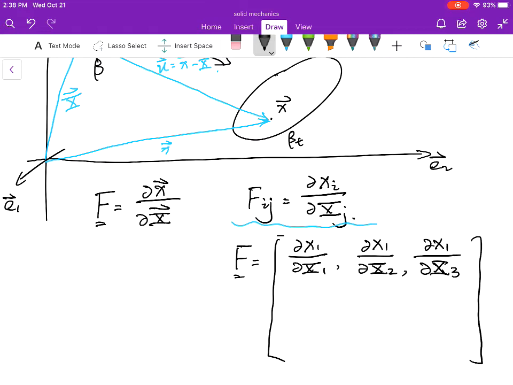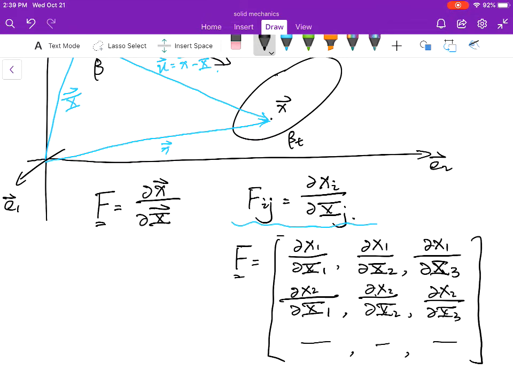Then for i equal to 2 and j equal to 1, and then both of them equal to 2, then 2, 3, and the last line is similar.